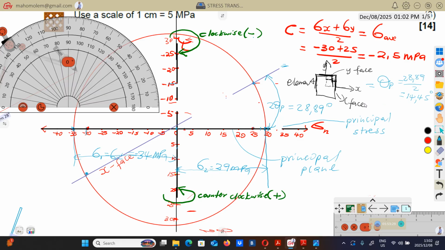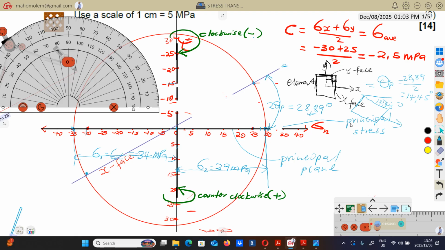Then it means that this element will get rotated in which direction? Clockwise, by 14 point something, as I've illustrated before. So 28.8 is from the Mohr's circle. From Mohr's circle to element, we divide that by 2.